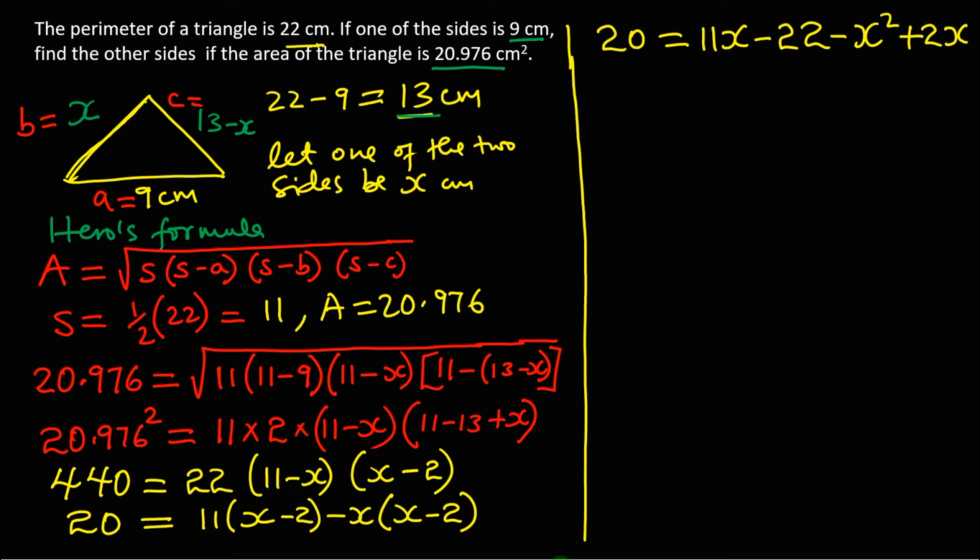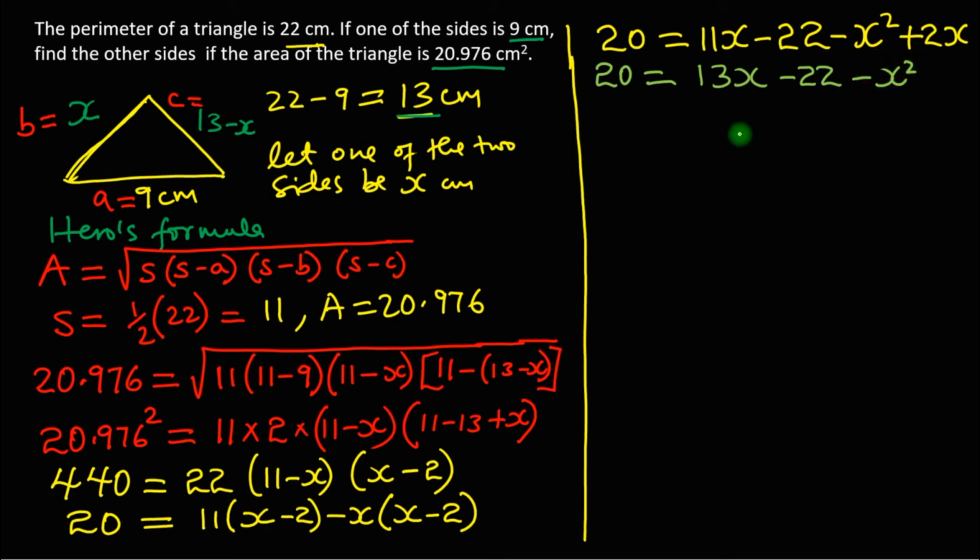We move on. So here we have 20 will be equal to 11x plus 2x, that is 13x, then minus 22, then minus x squared.